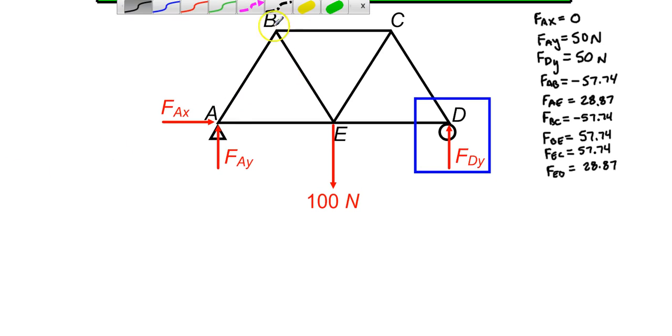So let's go ahead and draw our free body diagram at joint D. Here's FDY. There's FED.